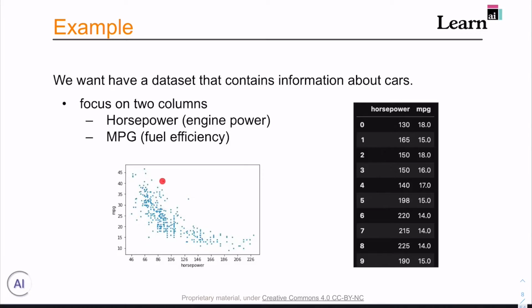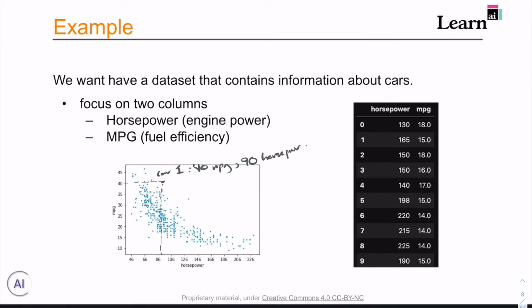So this point here is, say, car 1, and say it has, this looks like 40 miles per gallon, and maybe 90 horsepower.